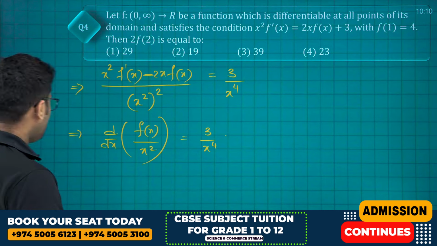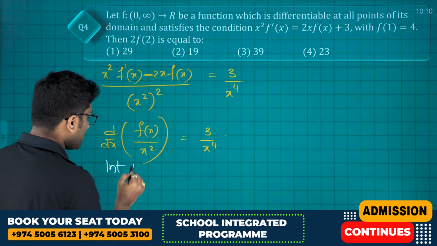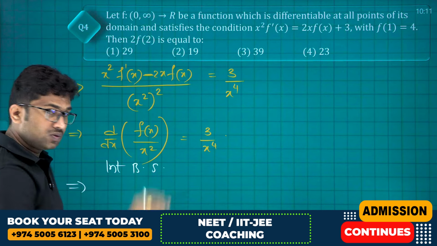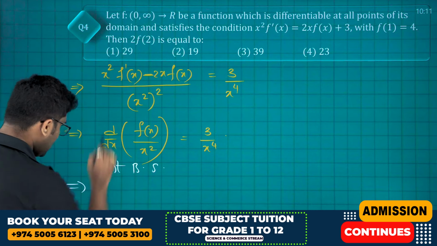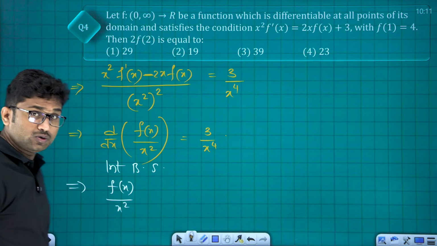Done. Now integrating both sides. When you integrate both sides with respect to the variable, d by dx of f of x will be only f of x, differentiation and integration will be neutralized.